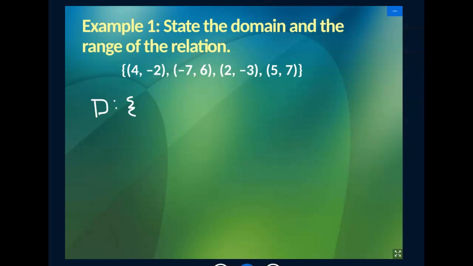The domain is the x values. If you're taking a standardized test, they are always going to list them from least to greatest. So the smallest x value is -7, then 2, 4, and 5.